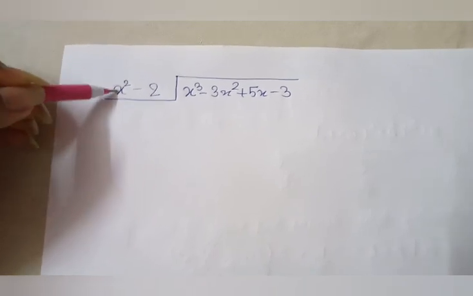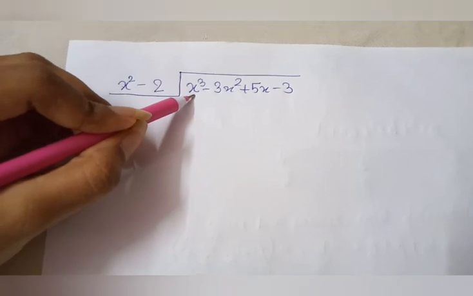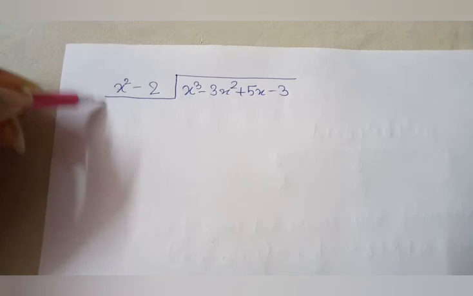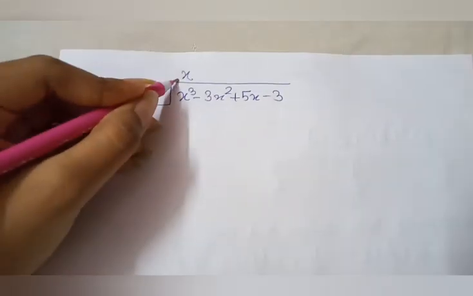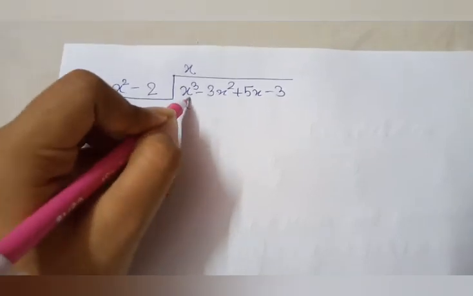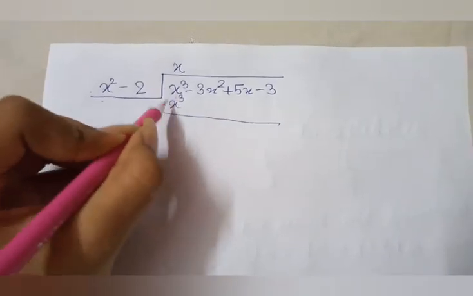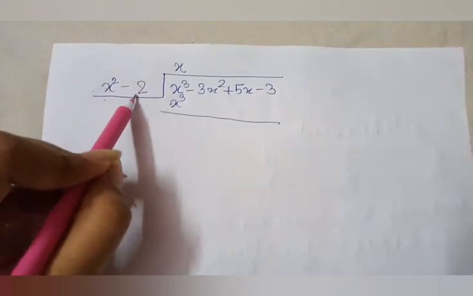So see, x square, and we want positive x cube. So what will multiply in x square? It's x, because x square into x will give us x cube. So we'll write it here. And as both the signs are in this division, we need to change the signs. We'll learn it. First let's go ahead.